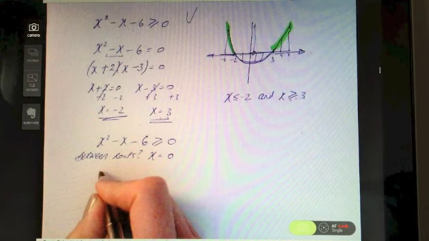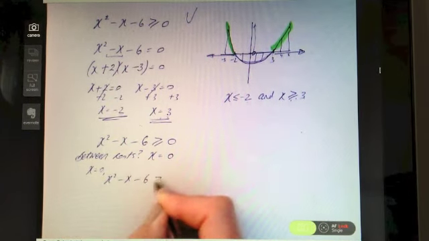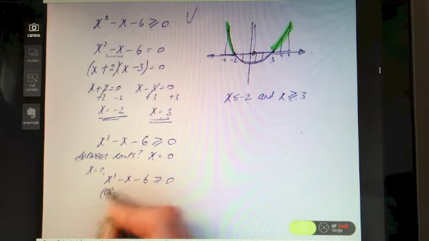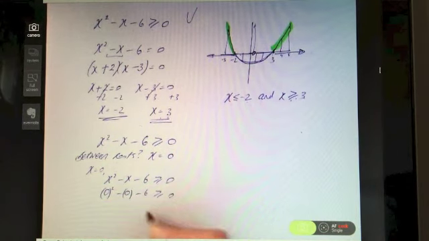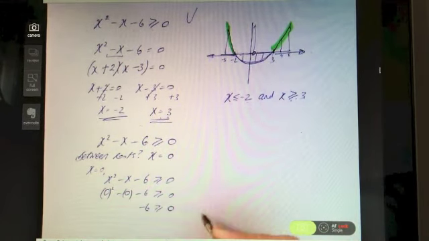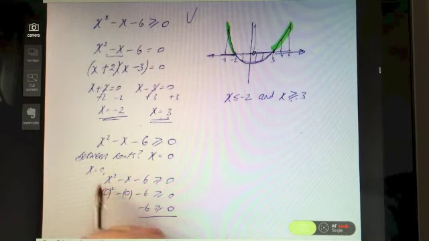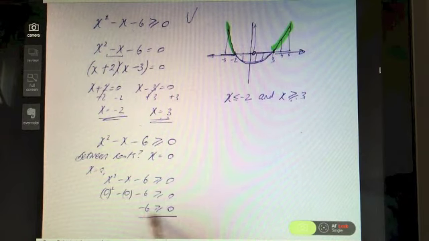So let's try that. If x is equal to 0, let's sub it in to my inequality and see does it work. So instead of x, put in 0. And I get minus 6 is greater than or equal to 0. Well, is that a true statement? Does that work? Does that satisfy? Is x equal to 0 going to satisfy that inequality? And no, that doesn't make any sense. Minus 6 is not greater than or equal to 0.